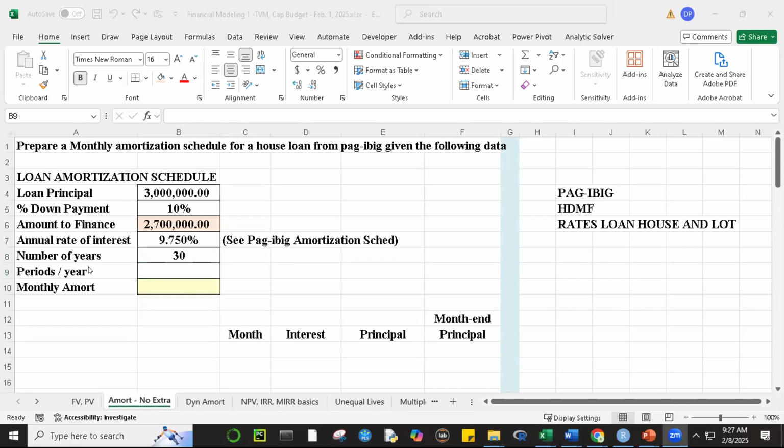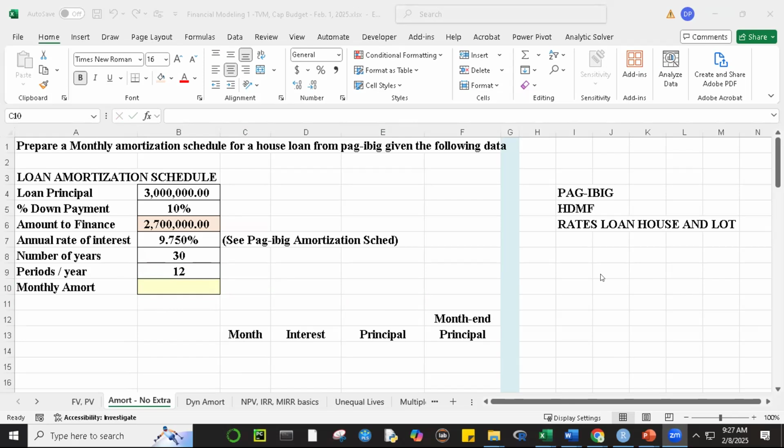Yeah, but per year. Since it's monthly, there should be 12 periods per year. Now, I want you to compute the amortization based on what we learned last time. What should be the function that we're going to use?